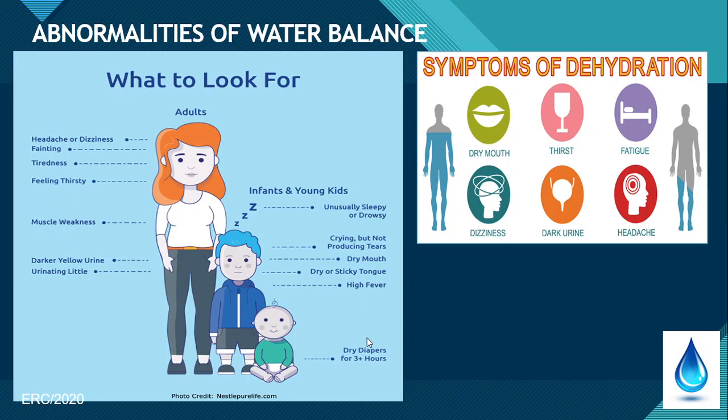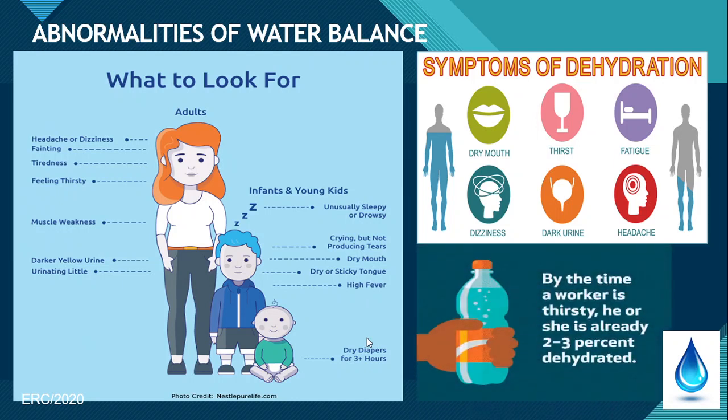So electrolytes are also lost with the water in these conditions, and the skin becomes loose and inelastic. By the time a worker is thirsty, he or she is already 2 to 3% dehydrated. If you are a regular worker and you feel thirst, you are actually 2 to 3% dehydrated.